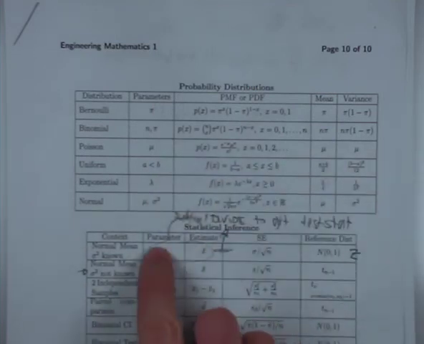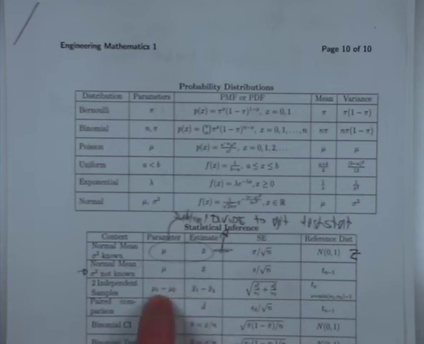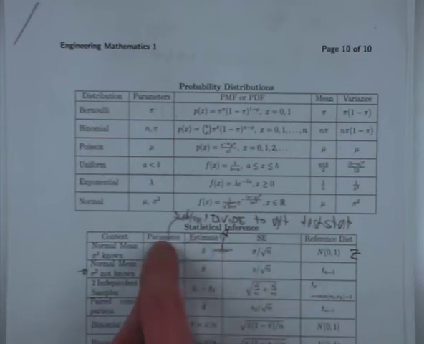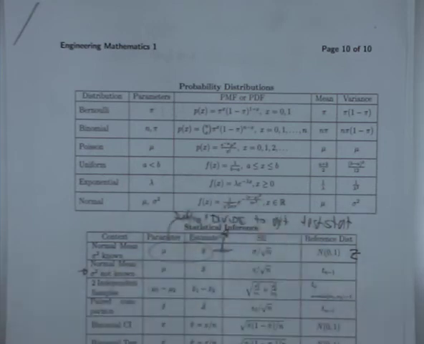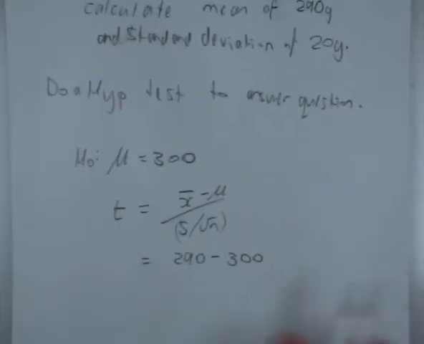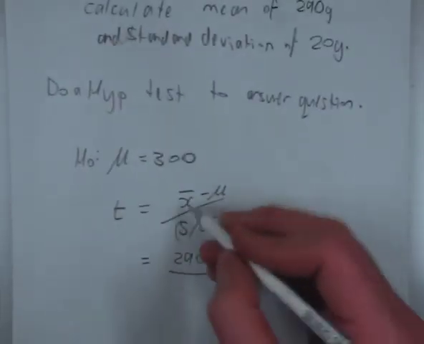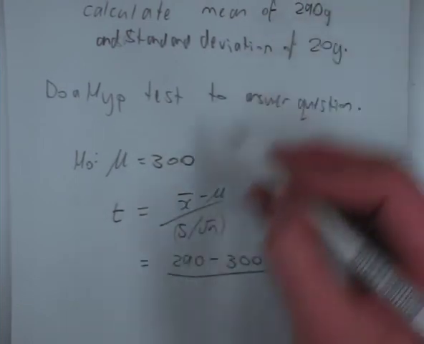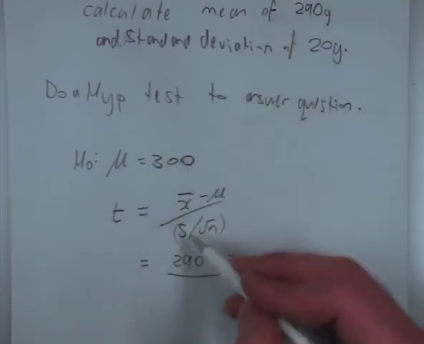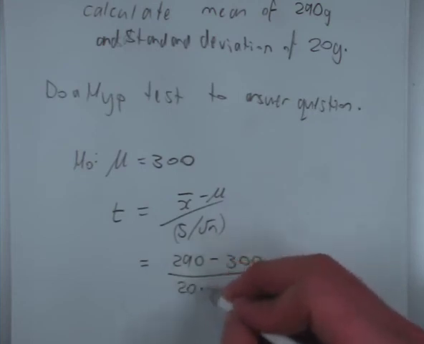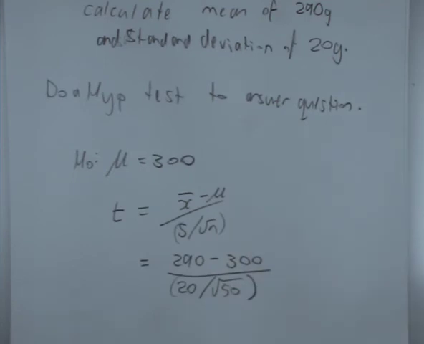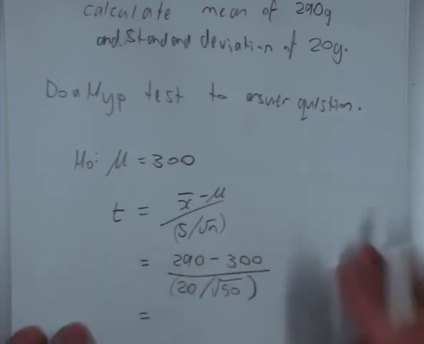So x bar minus mu divided by that. So we subtract these, this minus that divided by that. That's how to make the hypothesis test, okay? So x bar minus mu divided by that, so x bar was 290, mu was 300, s was 20, and n was 50, and I do that calculation, and it comes out to an answer.